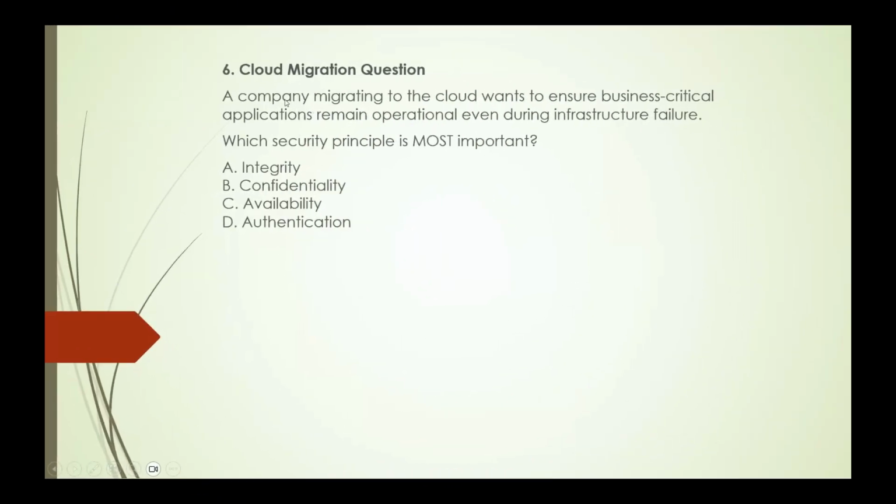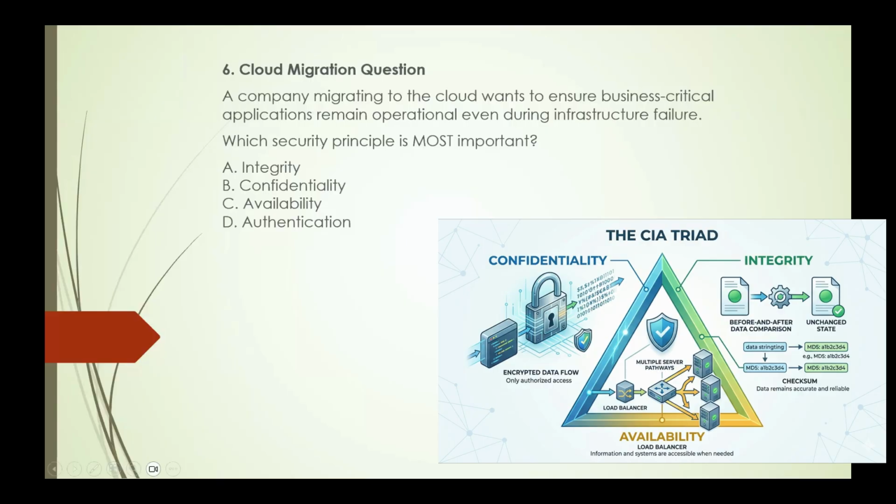Next is the cloud migration question. A company migrating to the cloud wants to ensure business critical applications remain operational even during infrastructure failure. Even if the infrastructure failed because of some accident or natural disaster, the applications should remain operational.